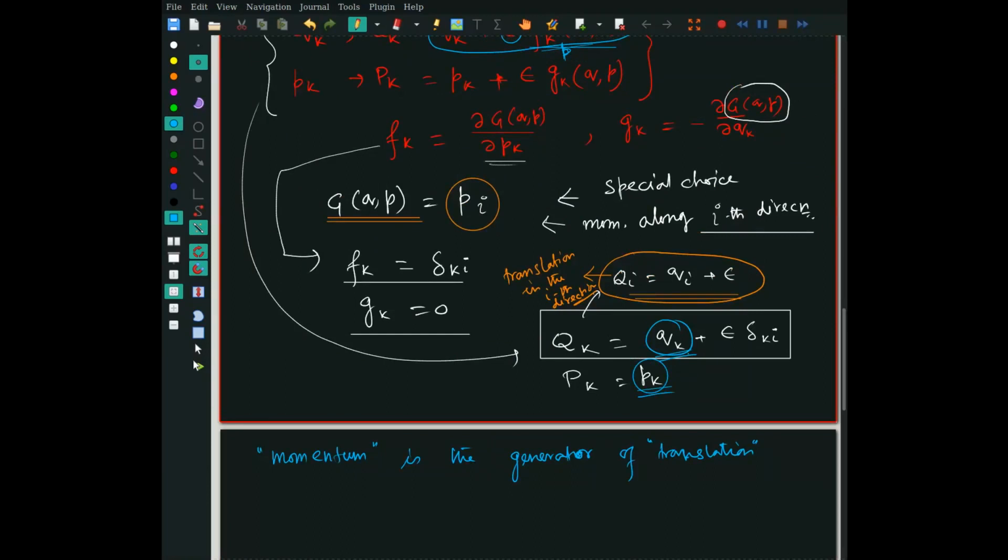Okay, so that is also a translation in an angular sense. So this statement is quite general, it means both. If you talk about linear momentum, it generates linear translation, and if it is an angular momentum, it generates rotation.